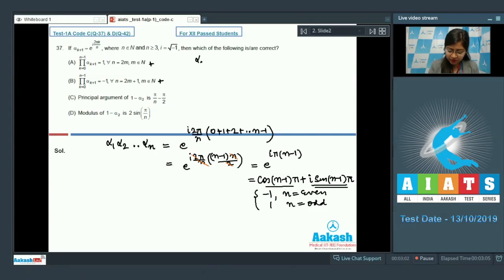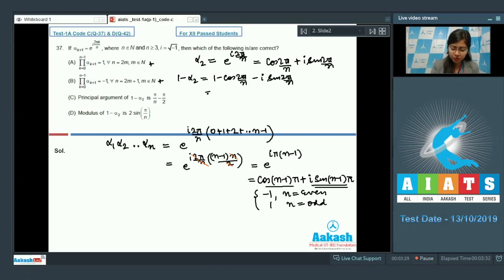So alpha 2 will be equal to, putting k equal to 1, e raised to the power iota 2 pi by n, that is equal to cos 2 pi by n plus iota into sine 2 pi by n. Now we have to find 1 minus alpha 2, and that is equal to 1 minus cos 2 pi by n minus iota sine 2 pi by n.